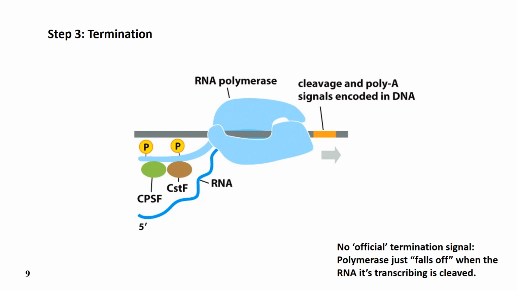Rather, RNA polymerase II simply falls off of the DNA template when the RNA that it is transcribing is cleaved. And indeed, there are cleavage signals encoded by the DNA that we'll speak about next class period.